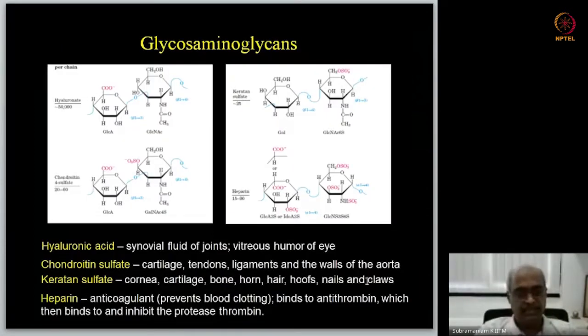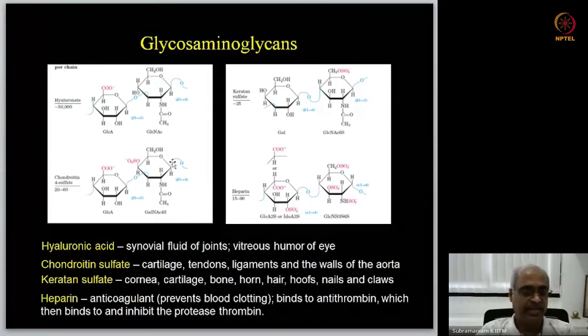The next set of heteropolysaccharides we are going to see are called glycosaminoglycans. So glycosamine, we already know glucosamine, with the amino group attached to usually the 2nd carbon. And that I told you yesterday is usually acetylated, so N-acetyl-glucosamine. In chitin you have the N-acetyl-glucosamine having beta-1,4 linkage.